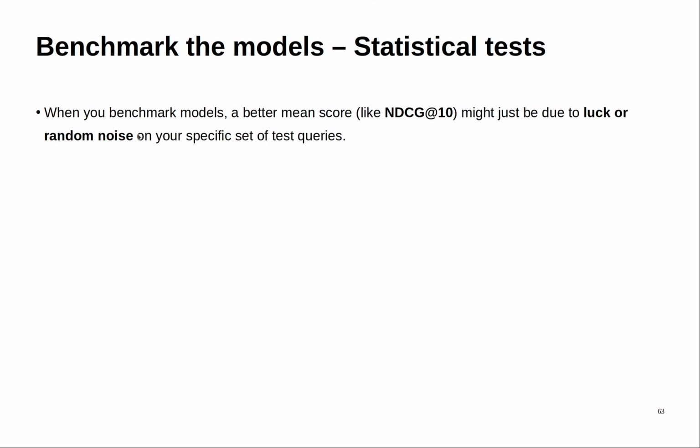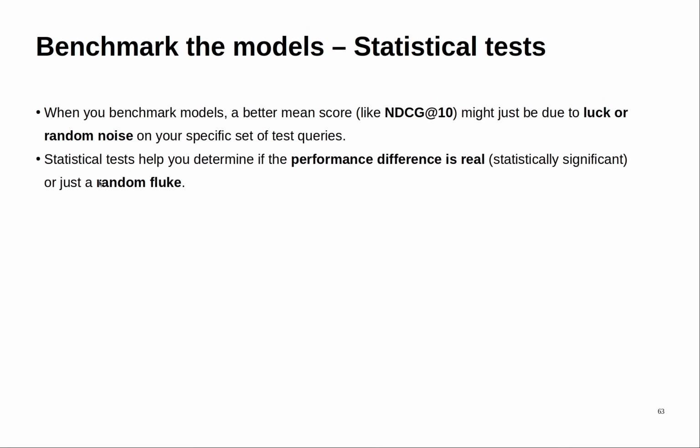When you benchmark models, if you get a good score in a metric, that doesn't mean that this model is good. This model might have performed better than the other ones because it got lucky, or because there is random noise in the data, or because you have selected the data in a way that shows that this model is better than the other ones.